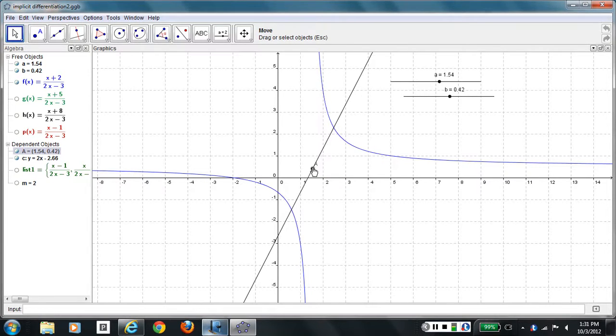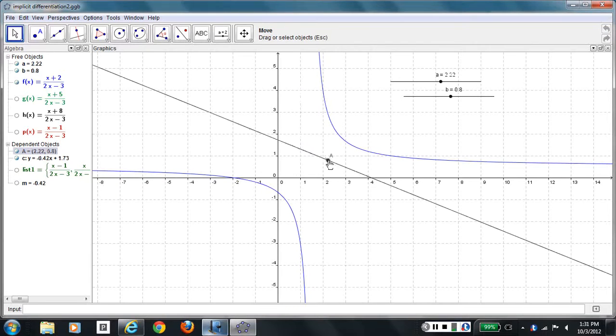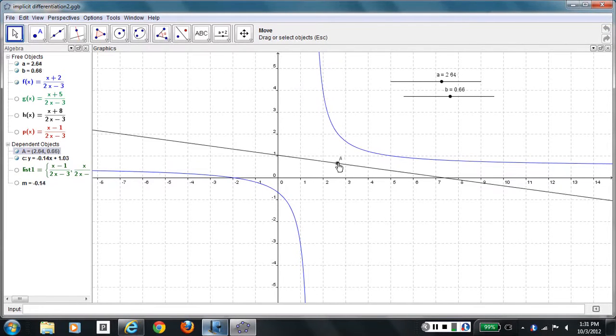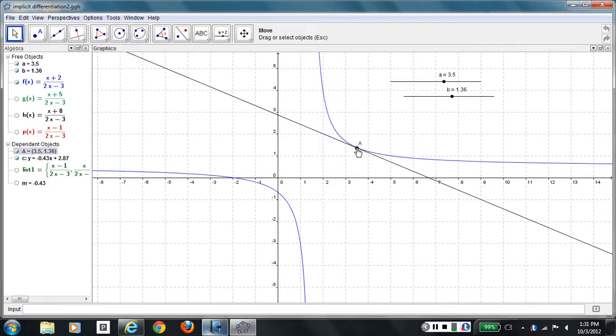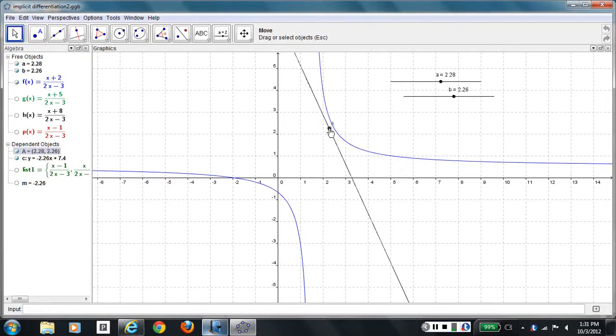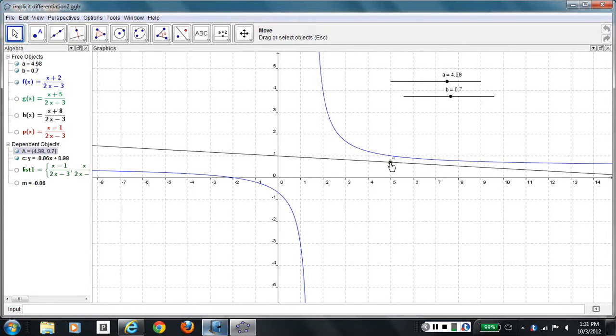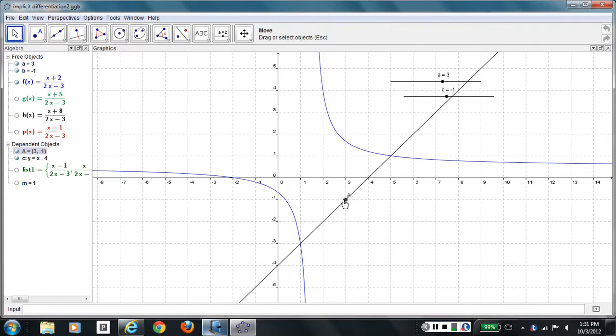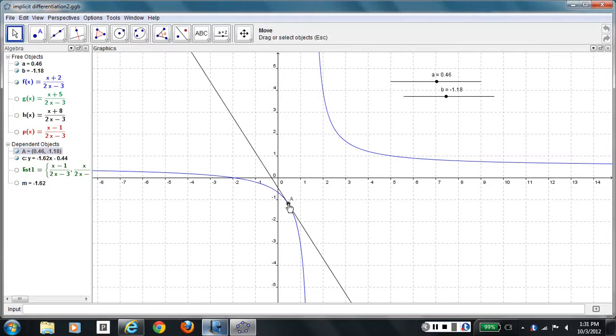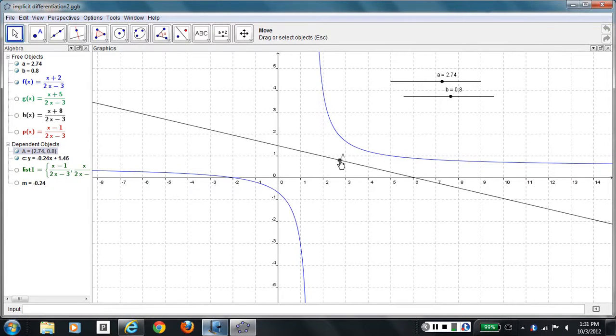Well, if it's just off here somewhere, who knows what could be meant by the slope of that tangent line, but if it's a point on the curve, it's the slope of the tangent line. So right there, or over there, anywhere on the curve, down here, it's going to be the slope of the tangent line. What's the significance if it's out here somewhere?